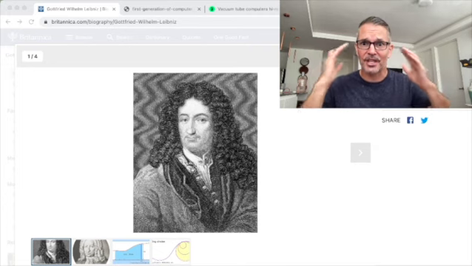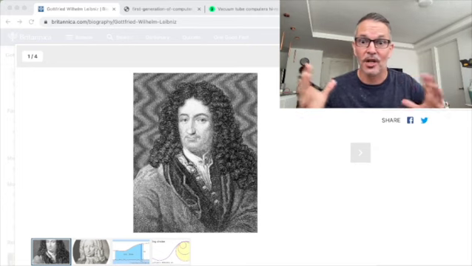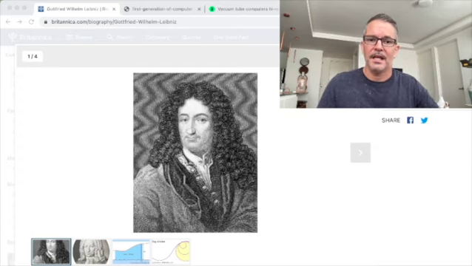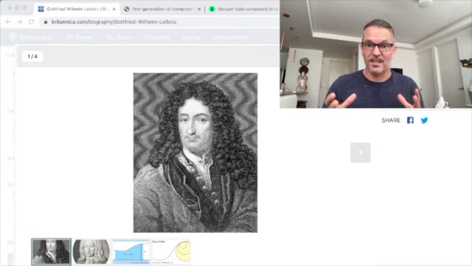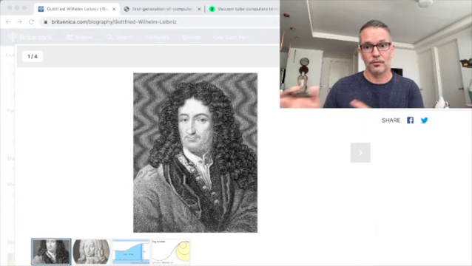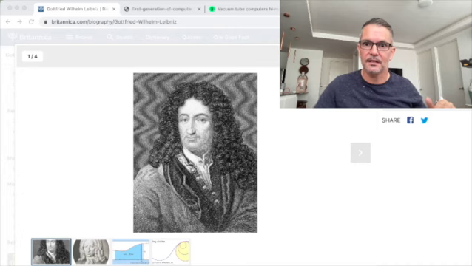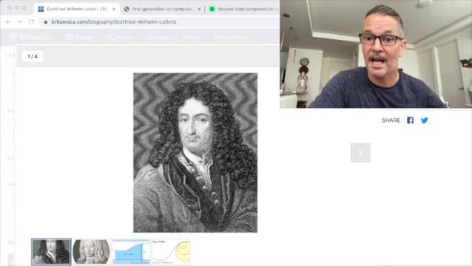He got a great education, and he rubbed elbows with some of the great thinkers of his time. It turns out this guy is independently known as one of the co-discoverers of differential and integral calculus. We also credit Isaac Newton with making that discovery, but these two guys independently made these discoveries of the calculus.